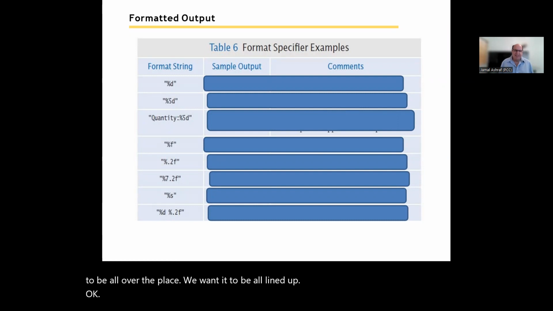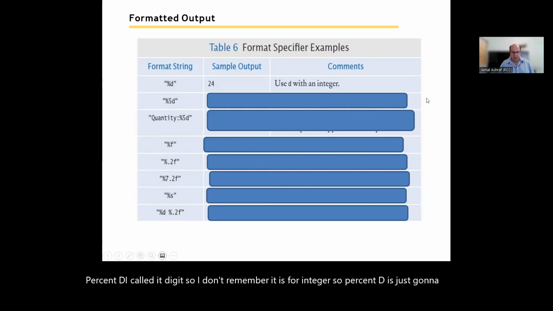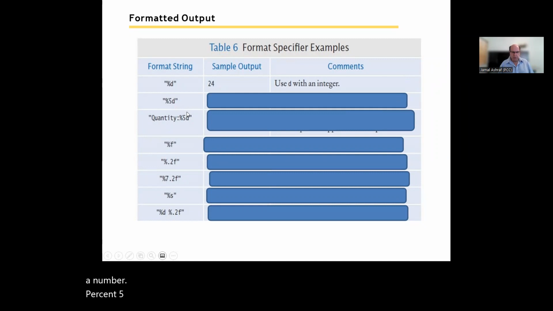Okay. So %d, I call it digit so I don't forget it, is for integer. So %d is just going to print a number. %5d, what do you think it's going to do? %5d is going to give me 5 spaces.